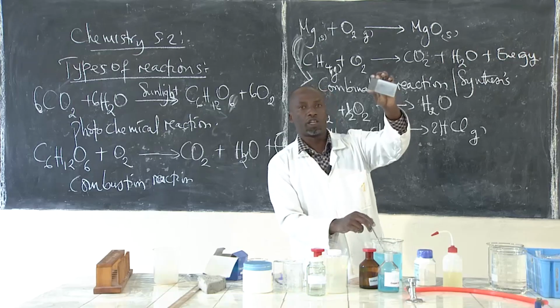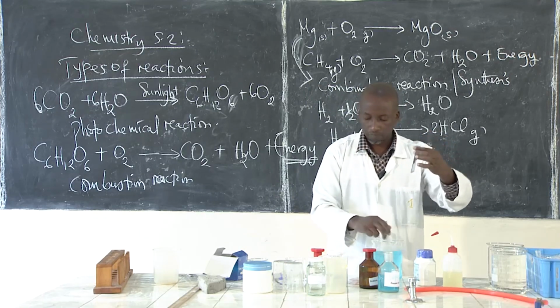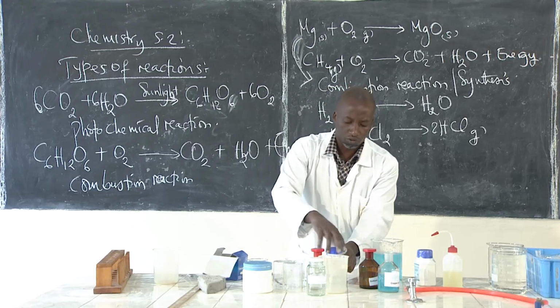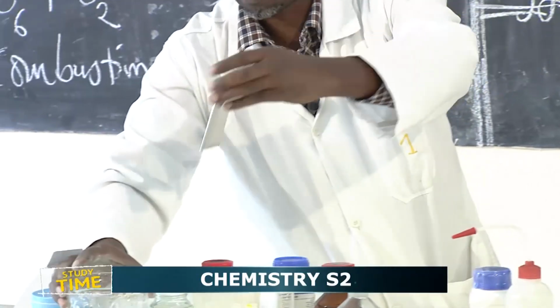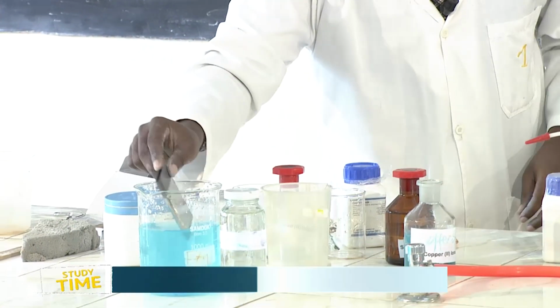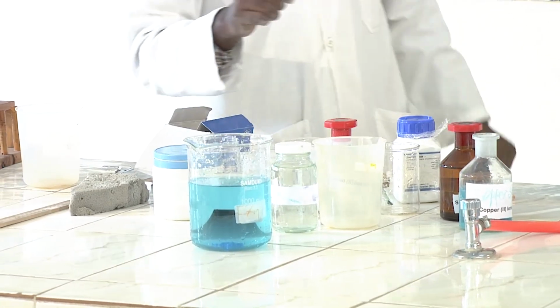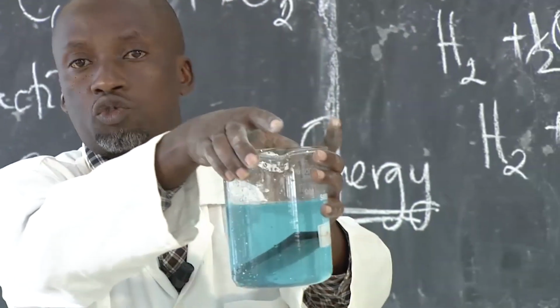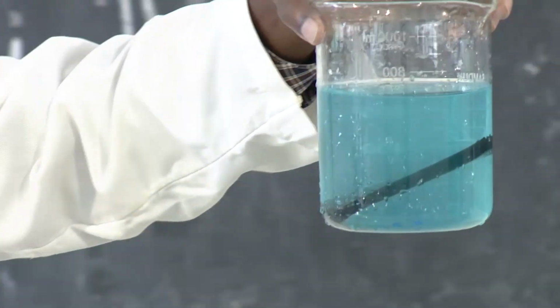I'm just going to dip this zinc strip, or zinc plate, in this solution, and then you'll predict what is going to happen. This is a zinc strip, and this is copper(II) sulfate. So I want you to take a close look at what is happening. The zinc strip is actually shiny because it is a metal as usual.